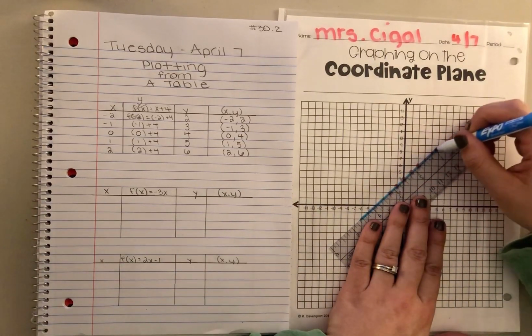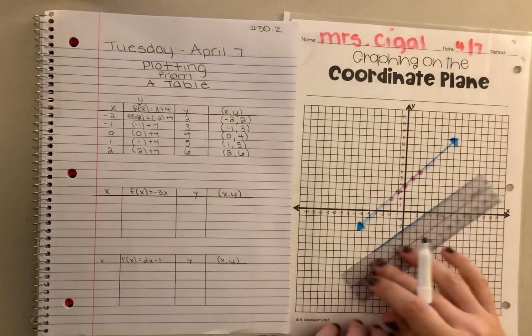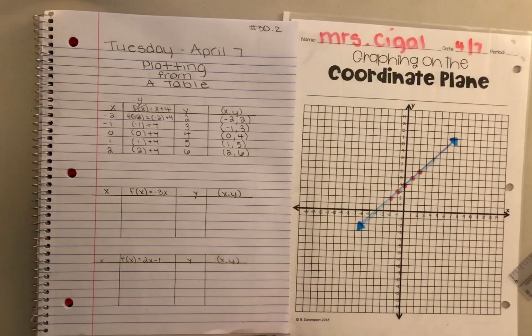Tomorrow we're going to talk more in detail about this line that we drew. We'll look at the rate of change, how fast it is going up versus over, maybe where it is crossing the axes. But for today, all I want you to do is plot those points and see if it makes a line. All the ones that I'm giving you right now should make lines. If it doesn't, then you probably made a mistake.